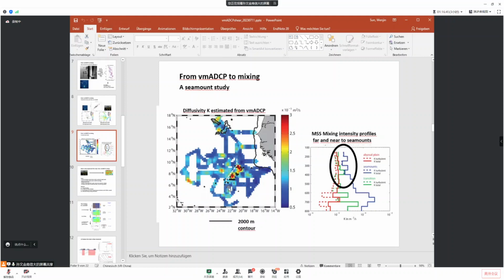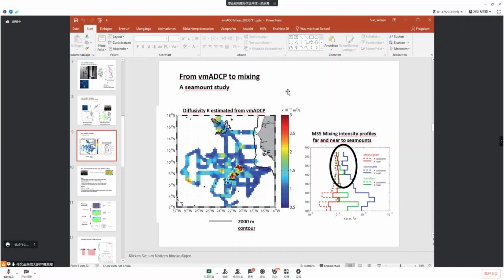It's not necessarily directly at every flank of every seamount, but there are regions where it's enhanced, and these regions are not even necessarily completely near the seamount, so there's some remote mixing as well. And obviously it's not confined to the depth of the seamounts, but the internal tides and internal waves are also going further up.